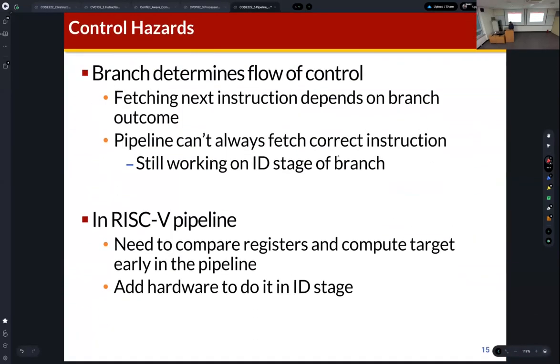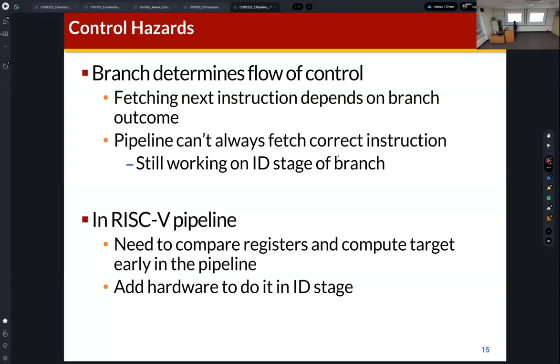Okay, so now I will explain control hazard. I mentioned that in the previous class, the recorded video. The control hazards are caused by control instructions such as branch, jumps, and exceptions.